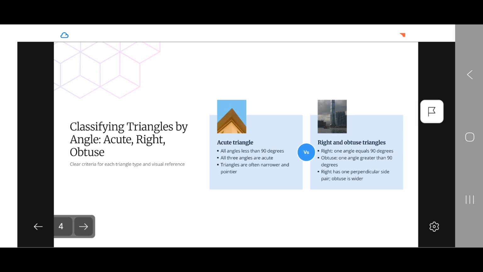And the other has to be 15. 15 plus 45 is 60. Oh, wait. Then the other angle will have to be 25. My bad. So, the right has one perpendicular side pair. Obtuse is wider.